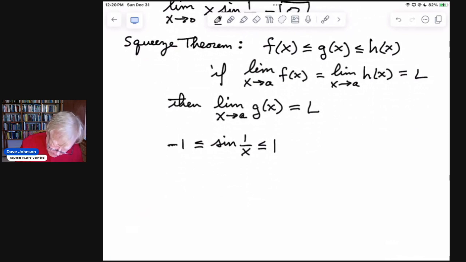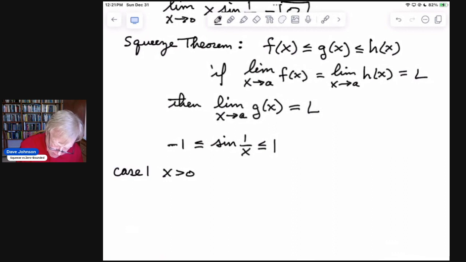Well, if we multiply both sides by x, we have to be careful here, because x can be negative. So we have to treat two different cases, x greater than 0 and x less than 0, and make sure that we come up with a legal correct inequality that we can use for our squeeze theorem. So let's say case 1, x greater than 0.